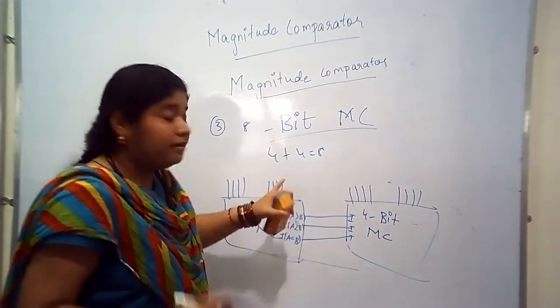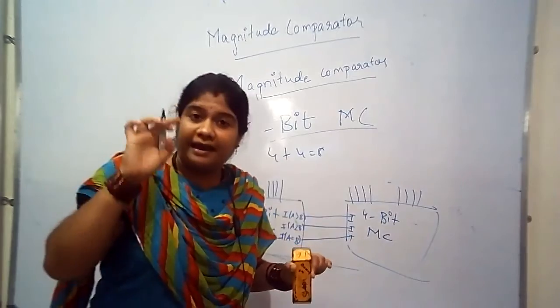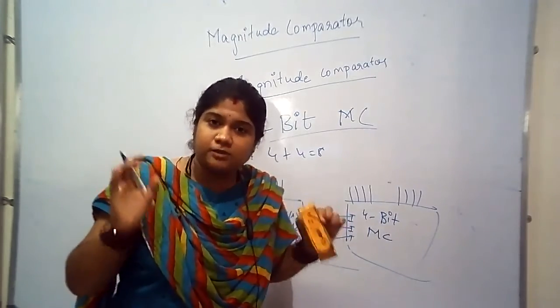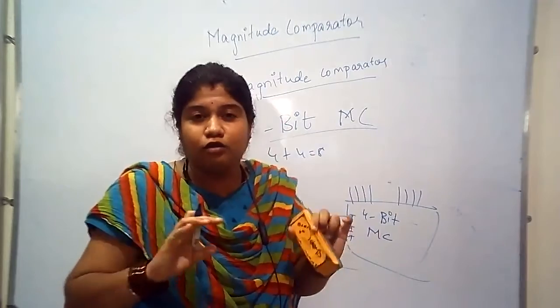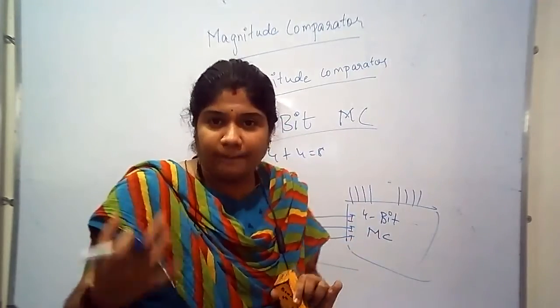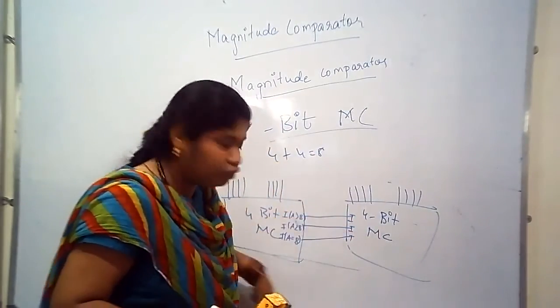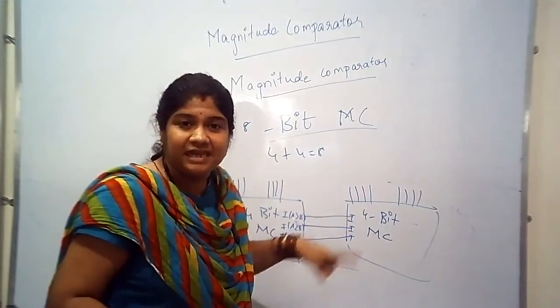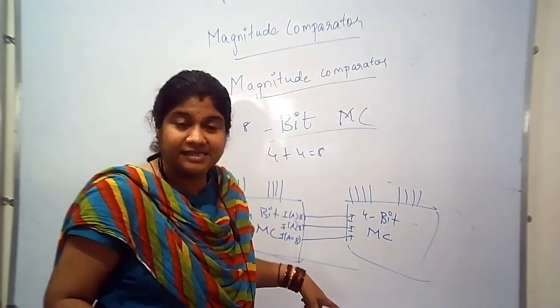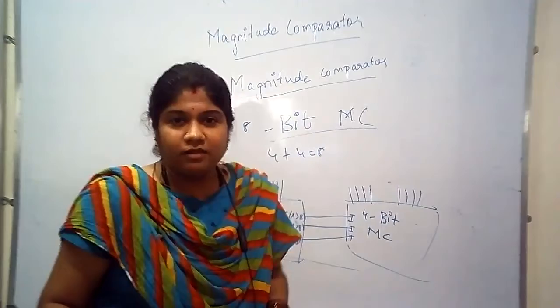The I input is basically used to connect one magnitude comparator to another in order to form a higher magnitude comparator. Similarly, if I connect 4 comparators of 4 bits, I'll get a 16-bit magnitude comparator, which is not in your syllabus.